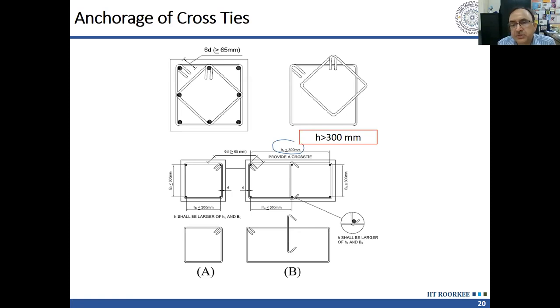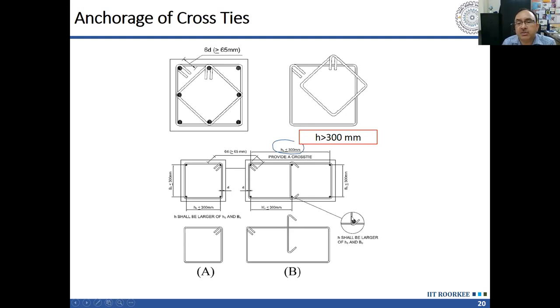That is one problem. The other problem is that the cover here is going to reduce, because the cover on the tie will be less by the diameter of the stirrup, and the chances of corrosion will increase. The chances of decay, degradation of this tie due to corrosion will be more, and maybe it is not available at the time of earthquake.